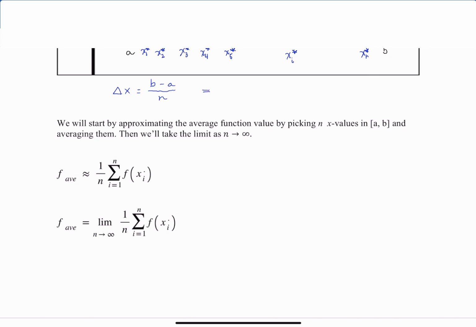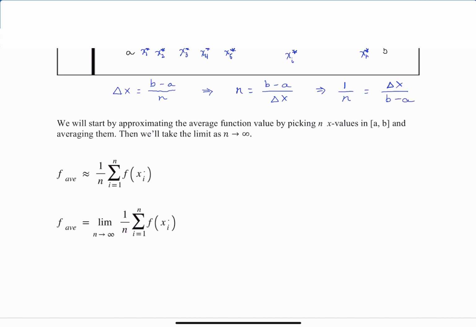If I multiply both sides of this equation by n and then divide by delta x, I have n equals b minus a over delta x. Now what we actually have in our formula is 1 over n, in other words, the reciprocal of n. Let's just go ahead right here and realize that the reciprocal of n would be delta x over b minus a.